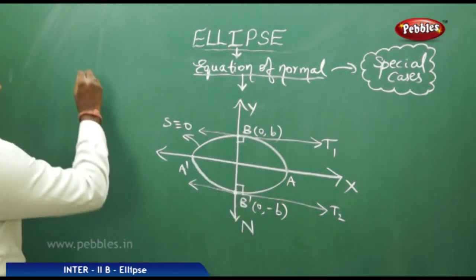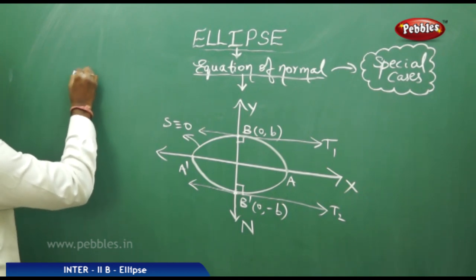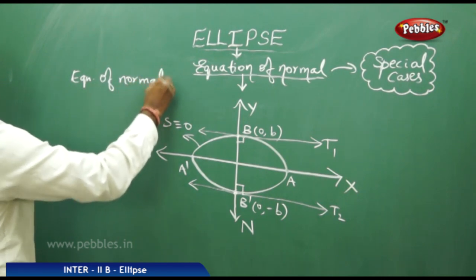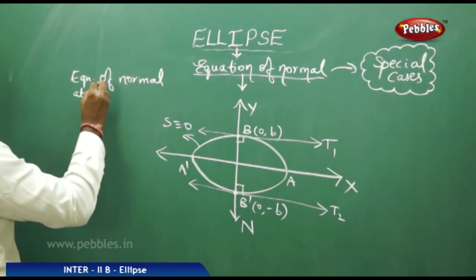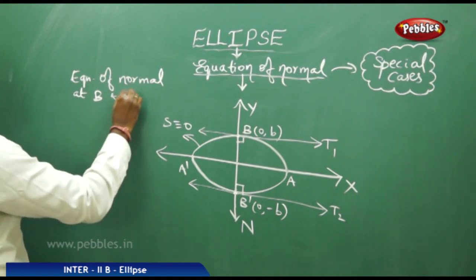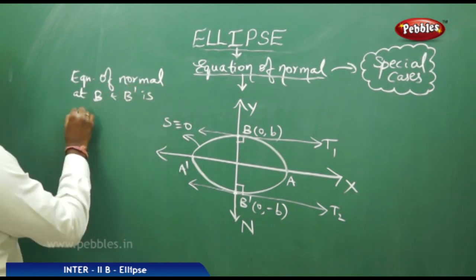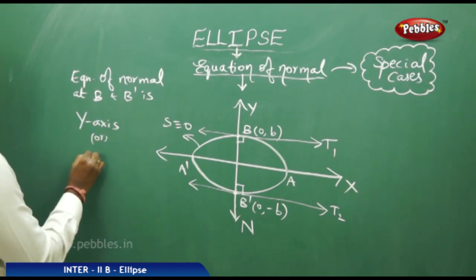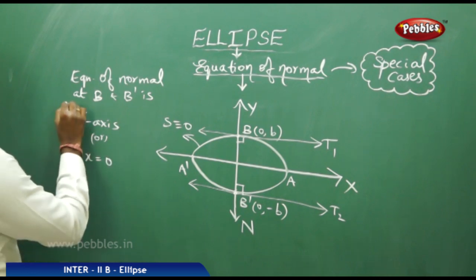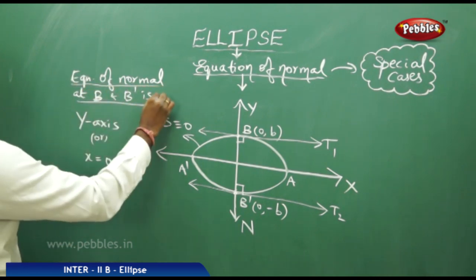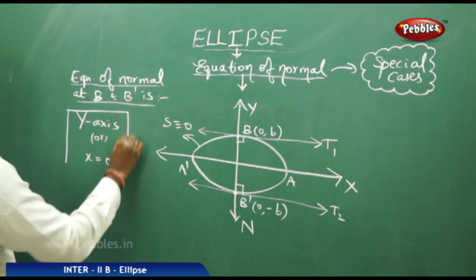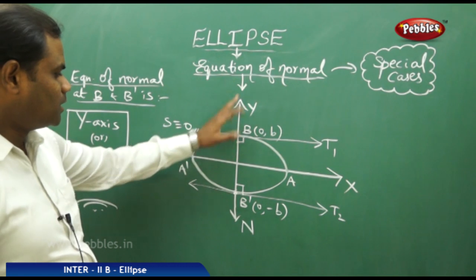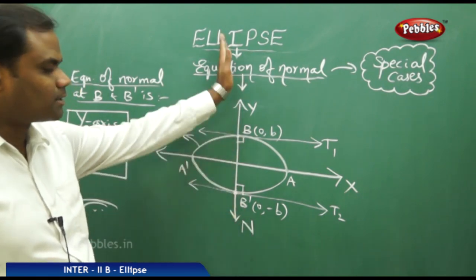Therefore the special case is that the equation of normal at B and B dash is the y-axis, or x = 0.